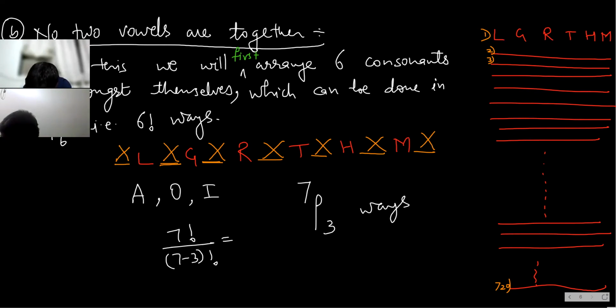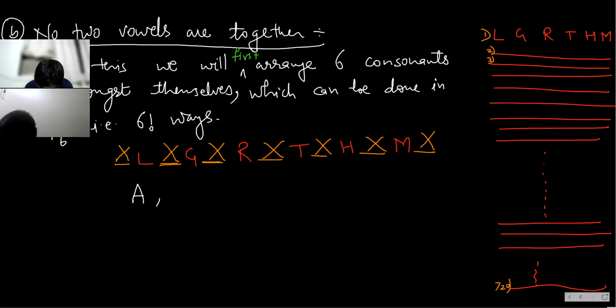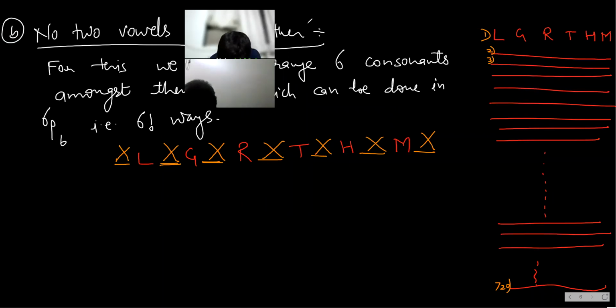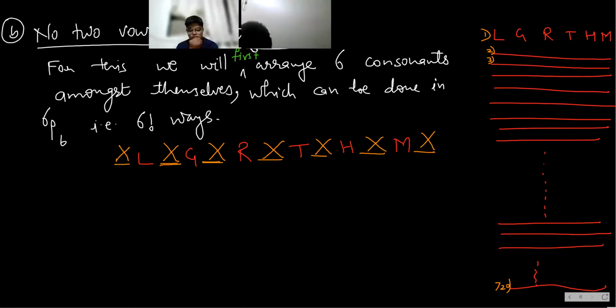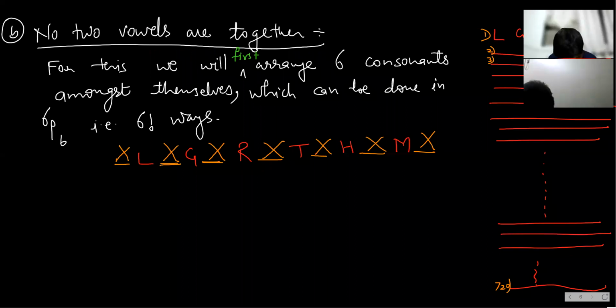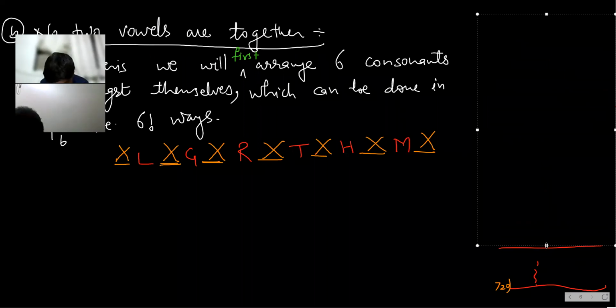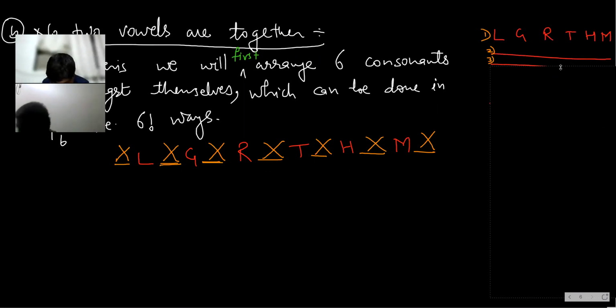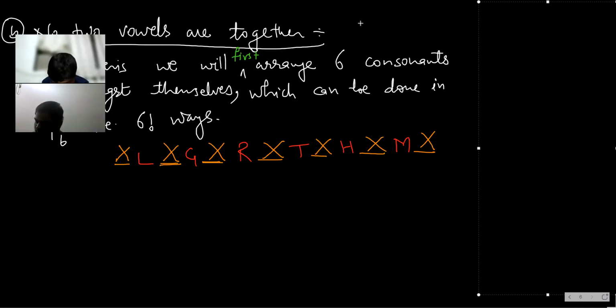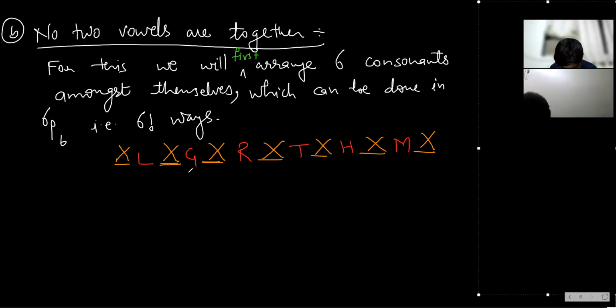So now I will write my answer. All of you check this out. So here I have my answer. See, I write: it can be done in 6 factorial ways, that is 720.